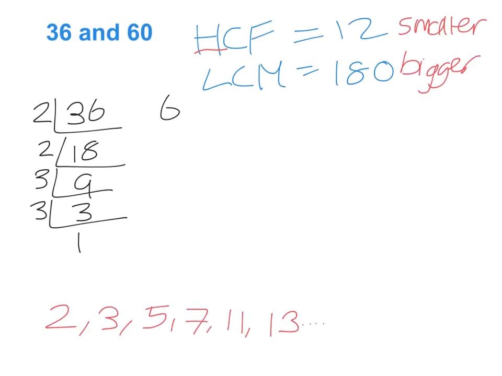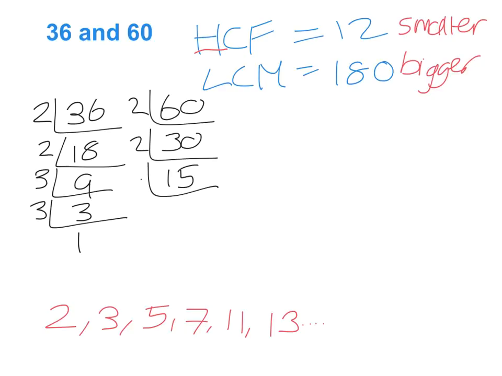Doing the same thing for 60, dividing by 2 gives me 30. Divide by 2 again gives me 15. Can't divide by 2, so I try 3, which gives me 5. Can't divide by 3 this time, but I can divide by 5, and that brings me down to 1.